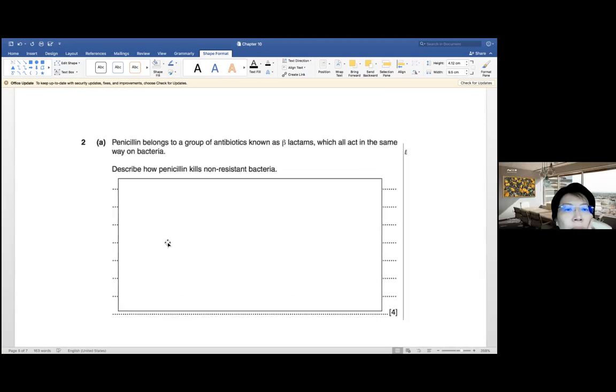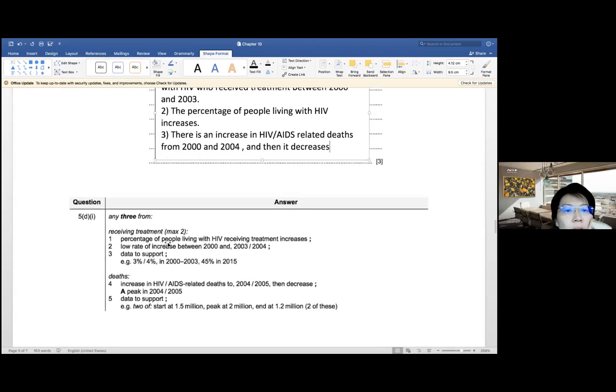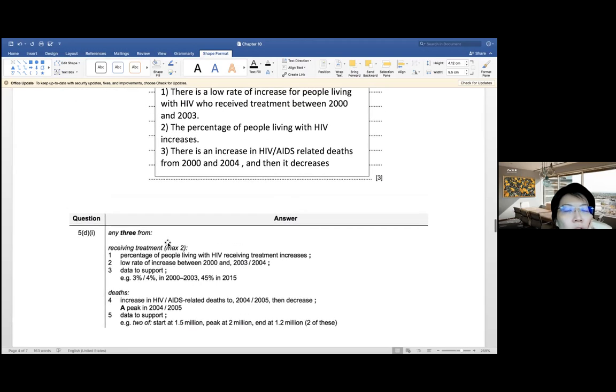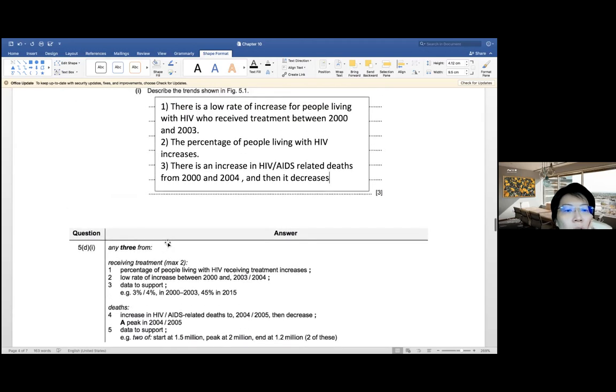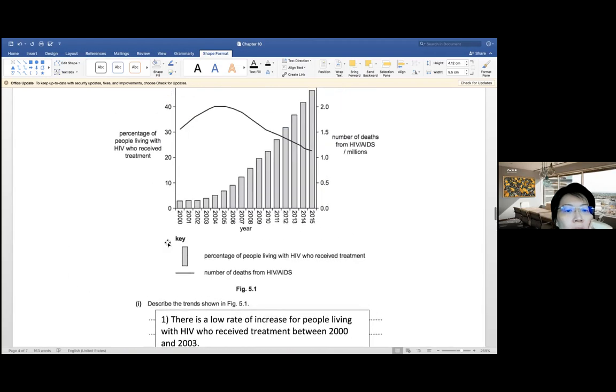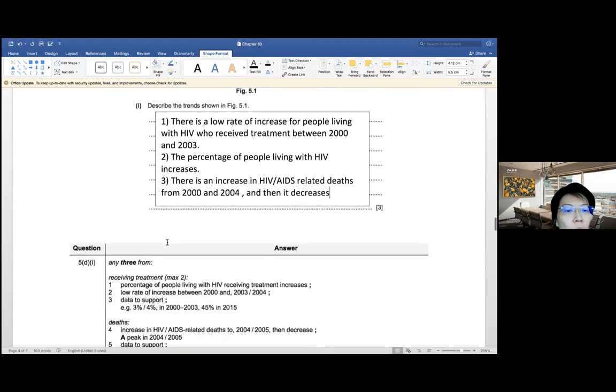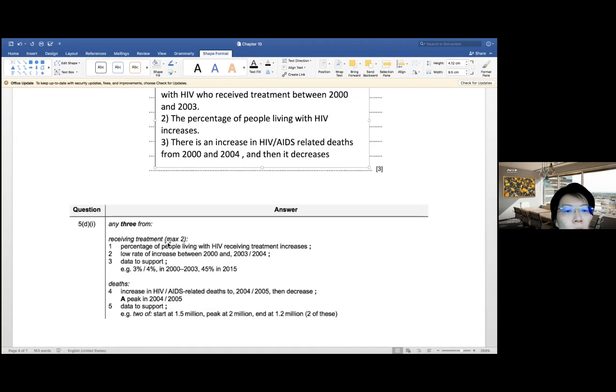Hang on, I think quoting the data is important for this kind of question. Every time you're asked to describe a graph or table, you see there are 2 marks in the mark scheme that give students who give supporting data, like the percentage. So you need to read the percentage from the y-axis.